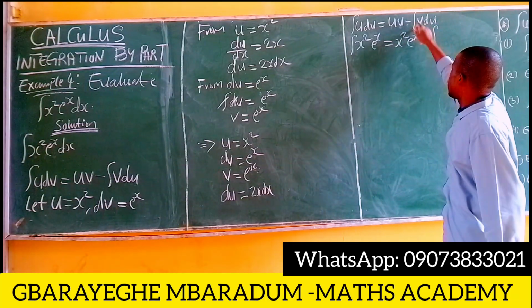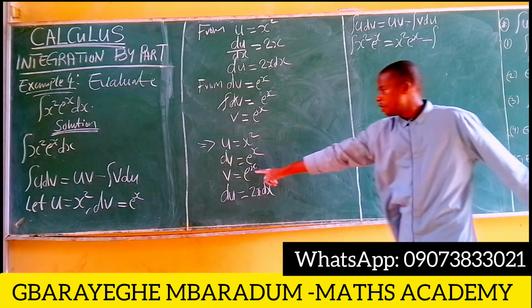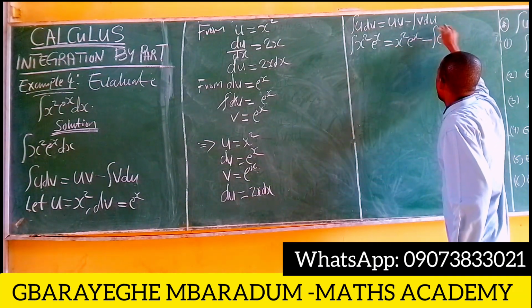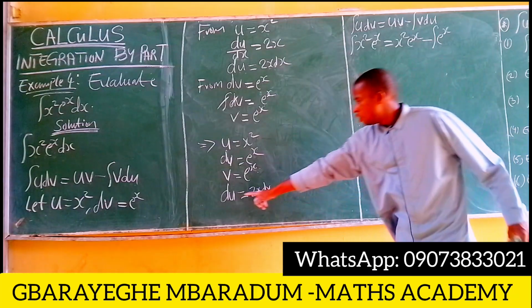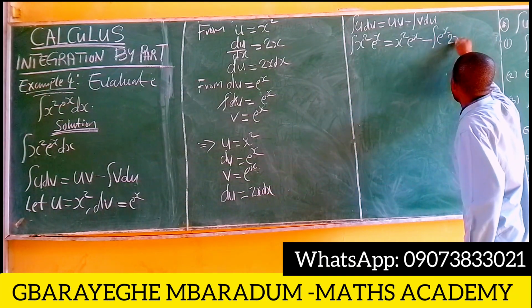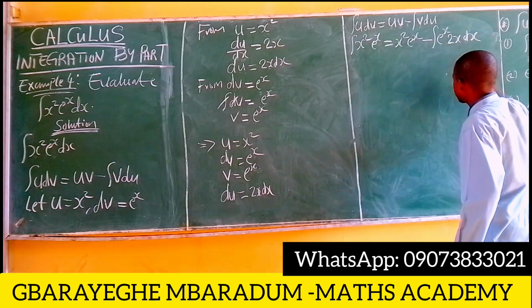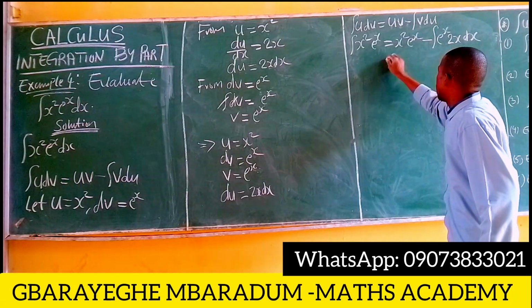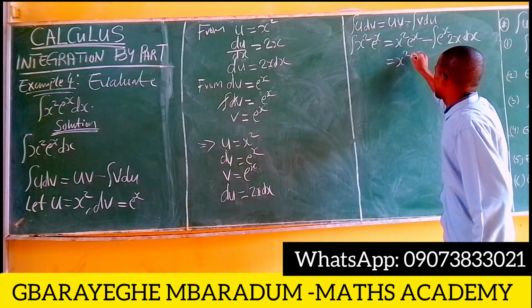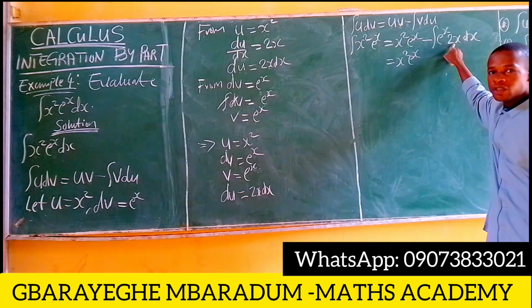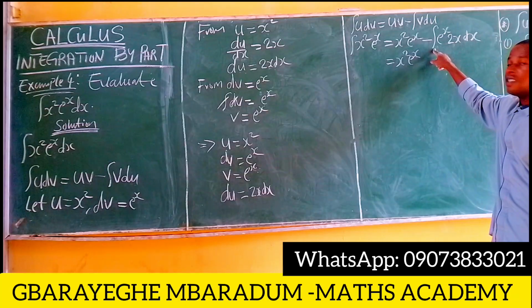You put your integral sign here. Our v is exponential x, so you put your exponential x. Our du is 2x dx. Now this implies that we are going to have x squared exponential x, minus.